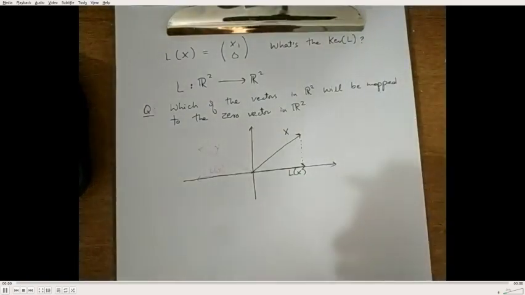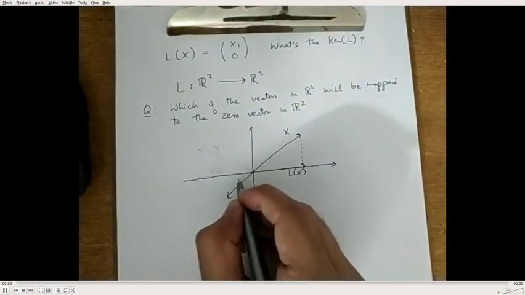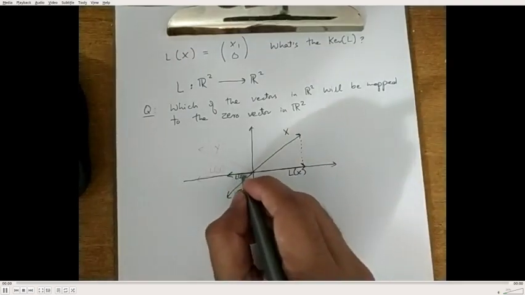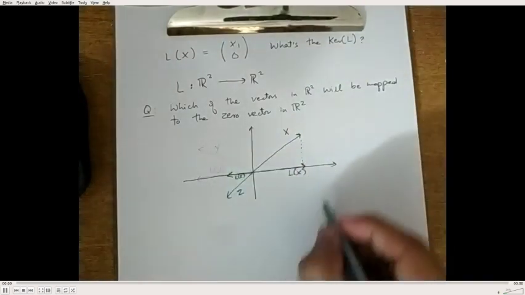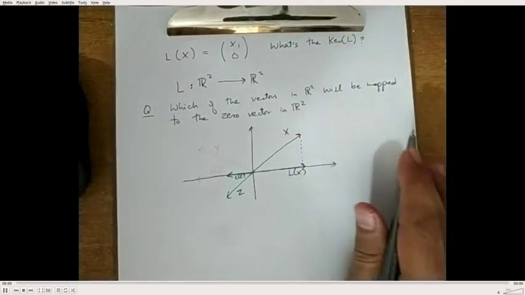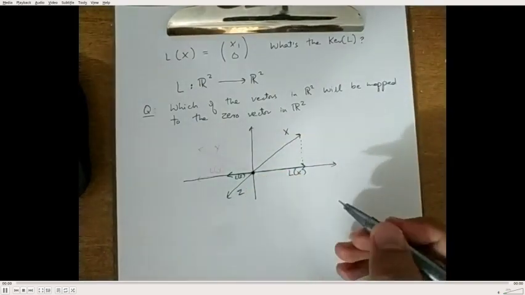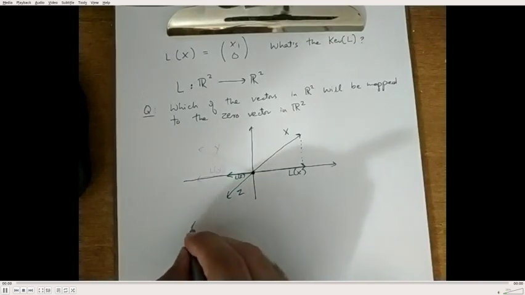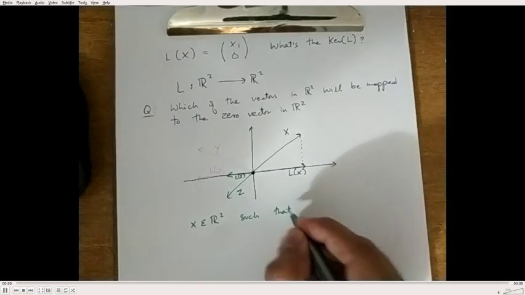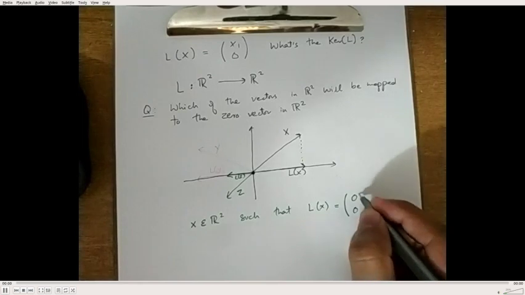If this was z, then this is going to be the image of z, L of z. And so the question is, which of these vectors from R2, consider all the infinitely many vectors, will map onto just the zero vector? So I'm looking for x in R2 such that L of x is the zero vector.